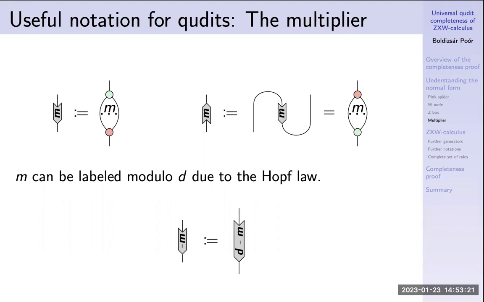And so m does make sense as long as it's smaller than d, but if it's bigger than d, we can take it modulo d, and we will have a nice notation for that many legs. Also, we can transpose the multiplier, and then the Z and X spiders flip.